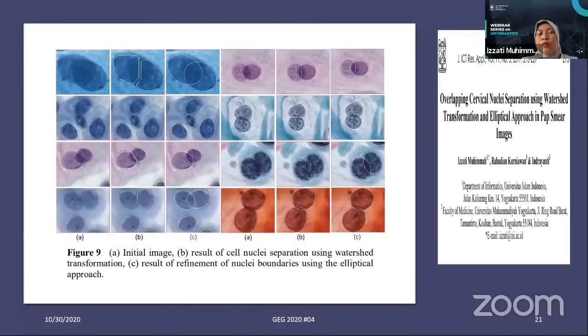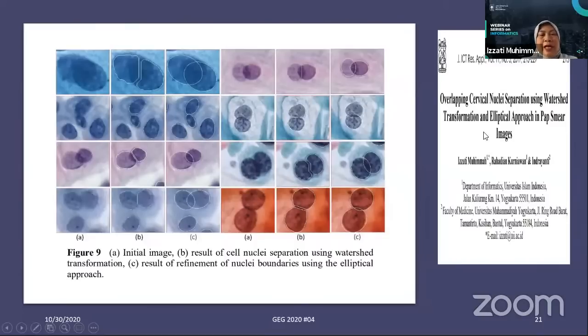So we need to have that cell count correctly. We need to separate the nuclei, and we propose to do so with the watershed transformation in combination with shape analysis.